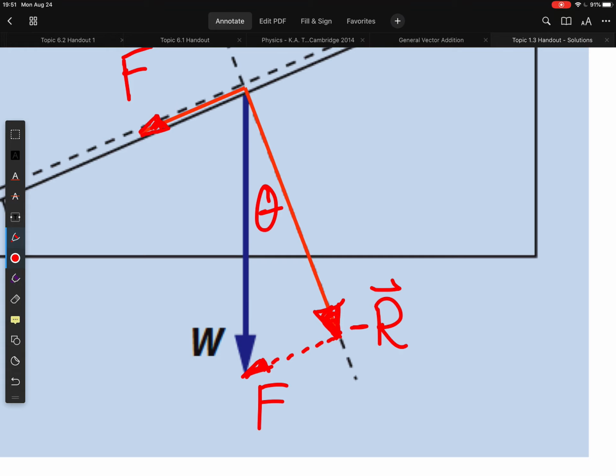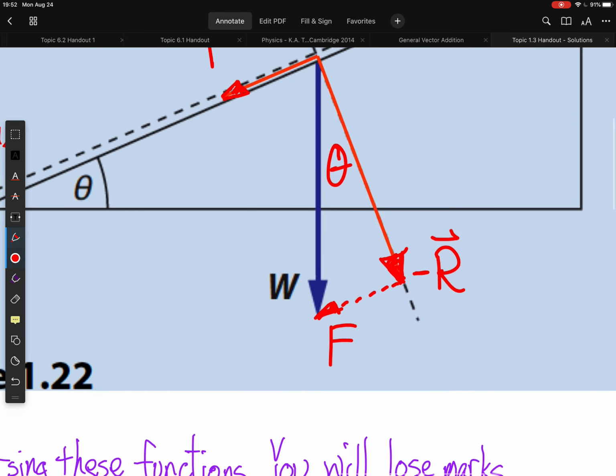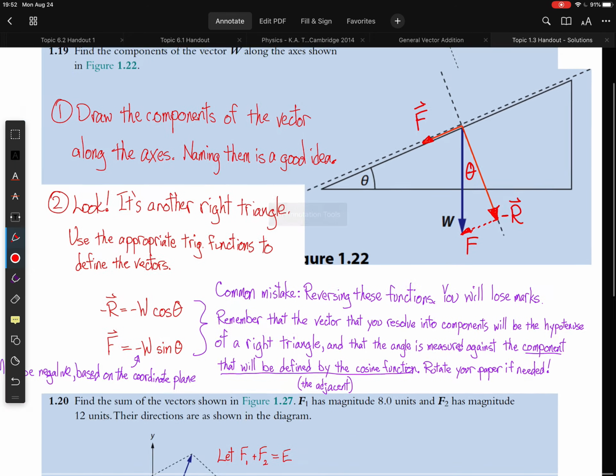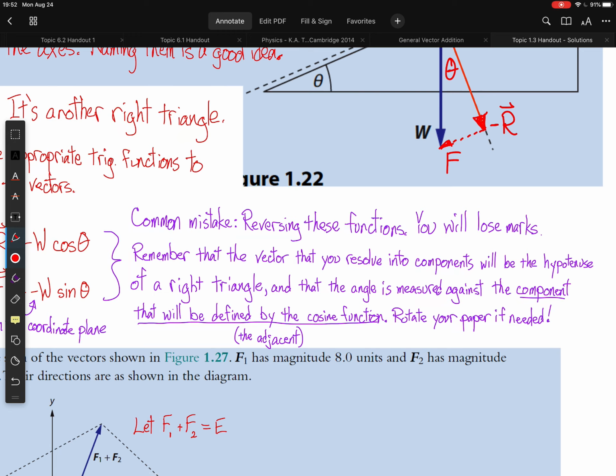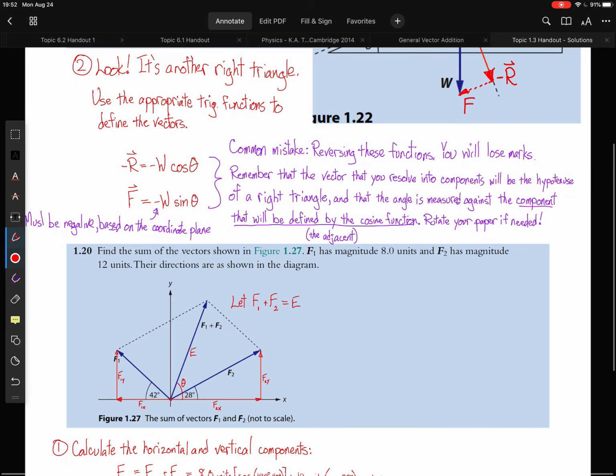Opposite, adjacent, hypotenuse, etc. So our angle is always measured against the adjacent, and that's given by the cosine function. The opposite then will be given by the sine function. This should be review for you guys, but it's really common to reverse these and mess it up, and that's going to cost you a mark or two if you do that on an exam.